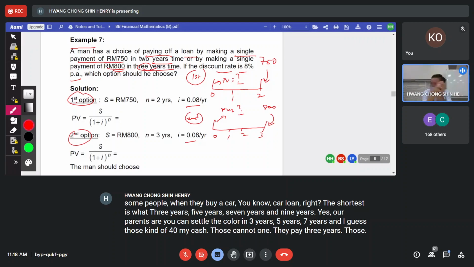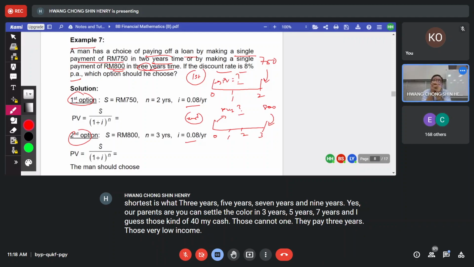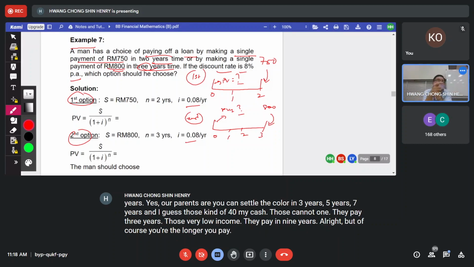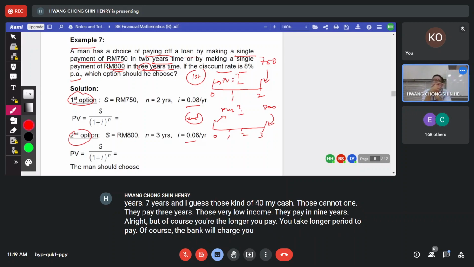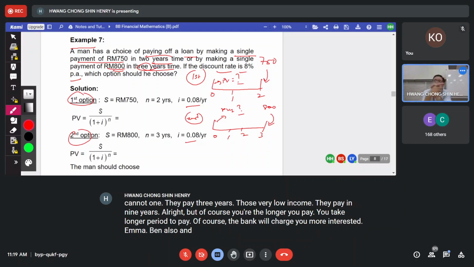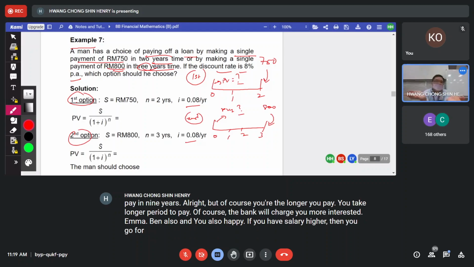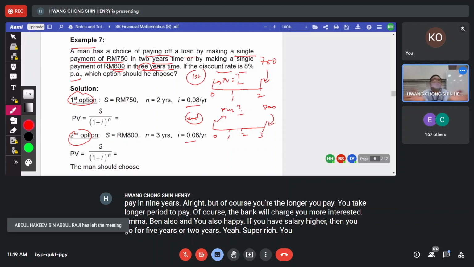Those with very low income, they pay in 9 years. Fair, right? But of course, the longer you take to pay, the bank will charge you more interest. Fair ma? Bank also earns, you also happy. If you have a higher salary, then you go for 5 years or 3 years. If you are super rich, you buy by cash.